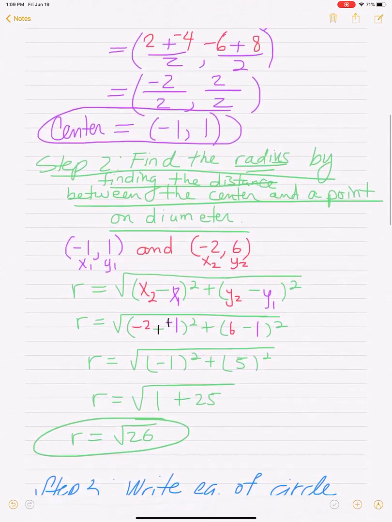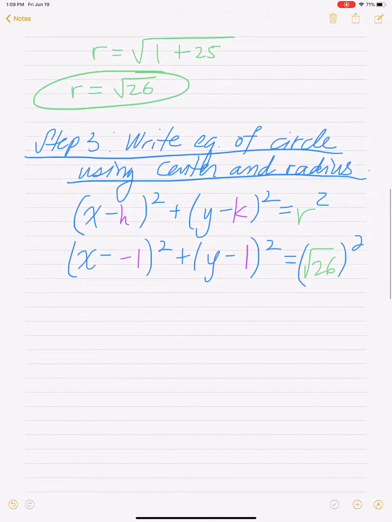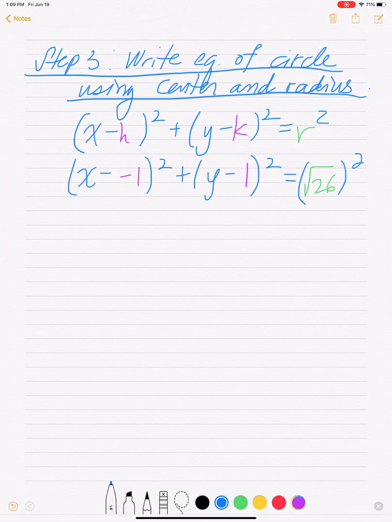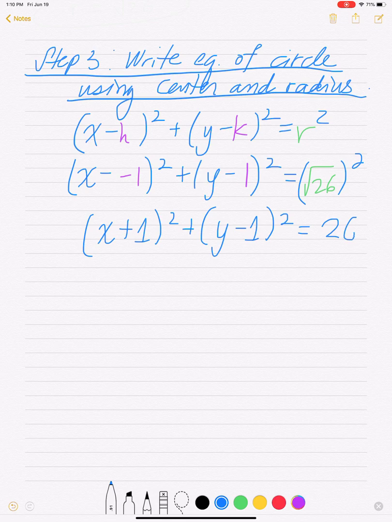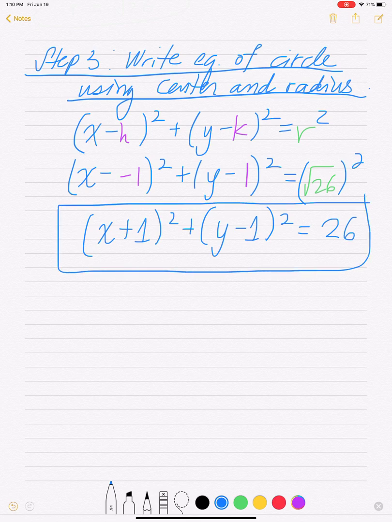The double negative makes a plus. So you get x plus 1 squared plus y minus 1 squared equals 26. The square kills off the square root, so you just get 26. So there you have it. A little involved, this problem: the equation of the circle where you're just given 2 points on the opposite ends of the diameter.